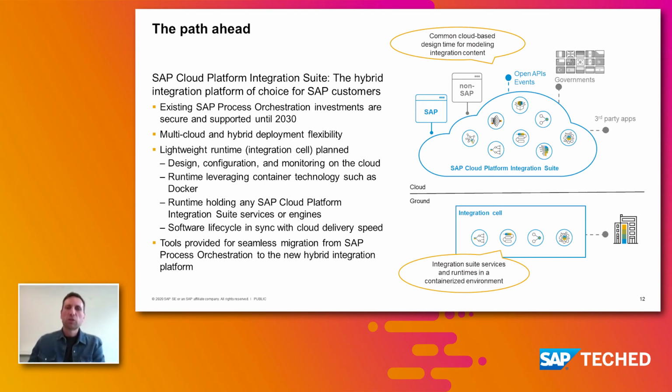Second action is that you start using Cloud Platform Integration for scenarios that are running in the cloud and/or for hybrid integration scenarios. And in this context, also start using the cloud integration runtime within process orchestration.